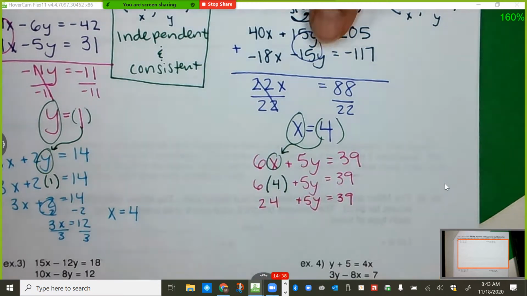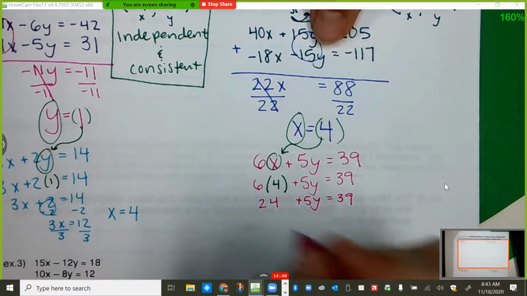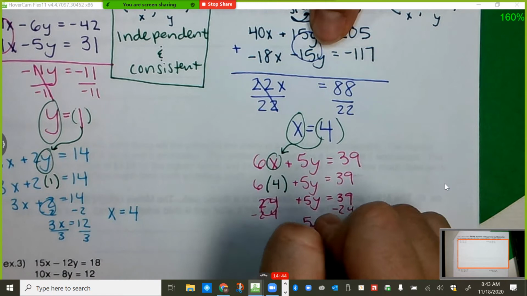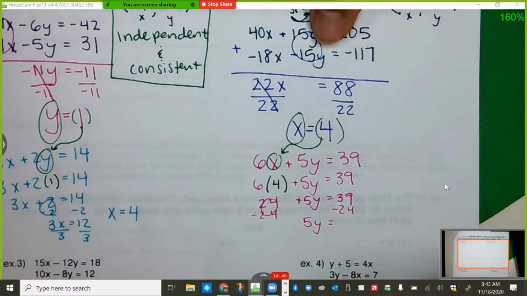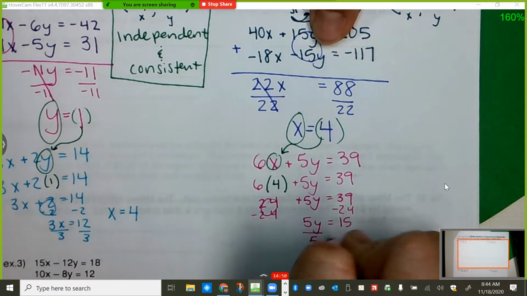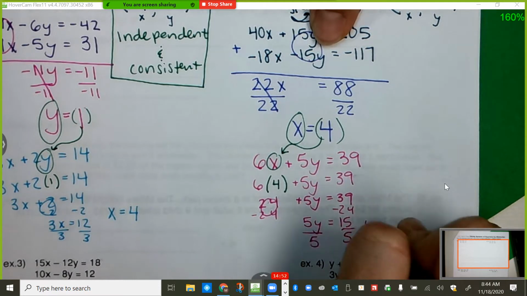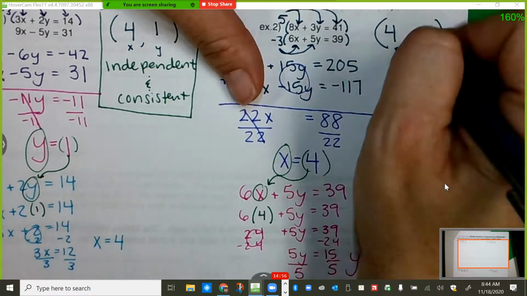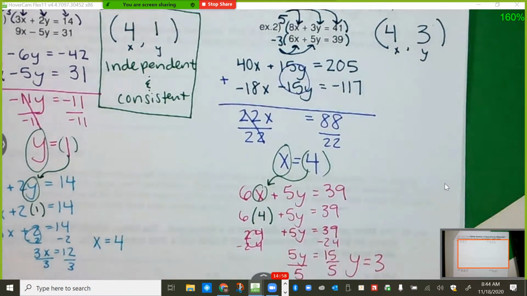Now what? Subtract 24 from both sides, and I get 5y equals what? Divide both sides by 5, and I get y equals 3. So my solution is 4, 3.